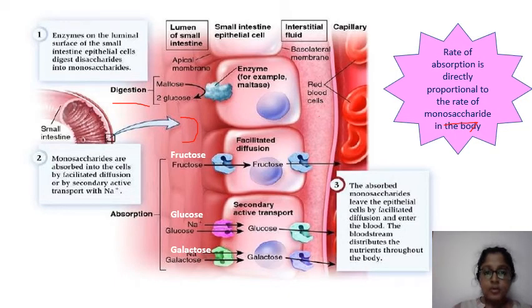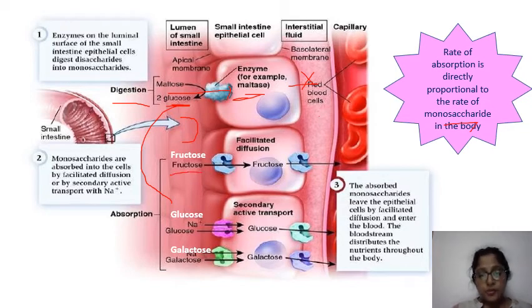Like maltose, they are trying to get inside, but they couldn't cross the barrier. So what happened? This maltose, with the help of the maltase enzyme, got converted to two molecules of glucose. Now this glucose is over here, which will now be absorbed into the blood.